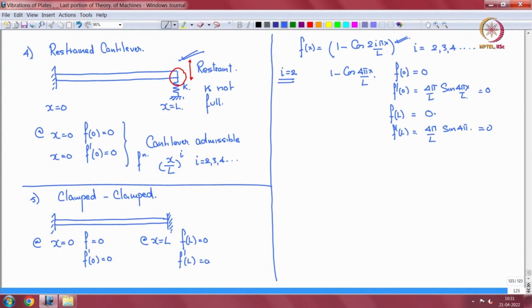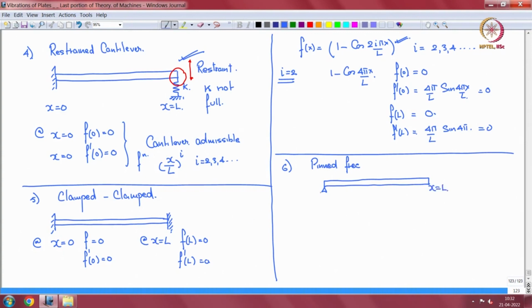Lastly, for this list of functions, the sixth, let's say, is pinned-free. At x equal to L it's free, at x equal to 0 it is pinned.